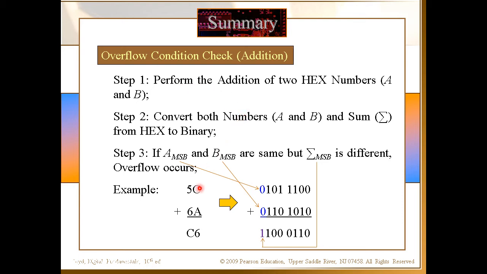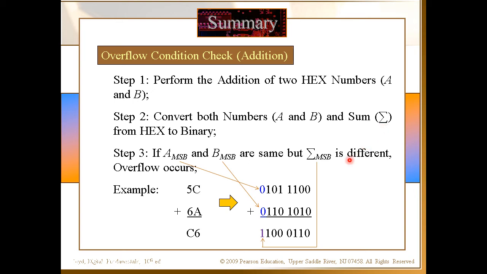Let's say we are given these two numbers, 5C and 6A, and we just do the hex addition. Let's say the first number is A, the second number is B, and the summation is sum. The summation is represented by this symbol, a Greek symbol which always represents the sum.